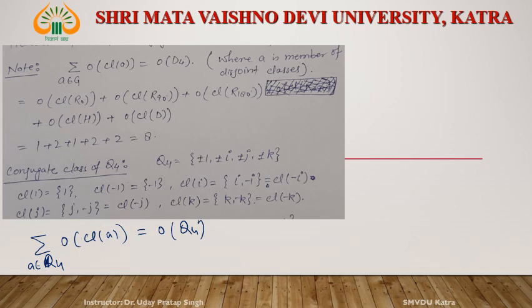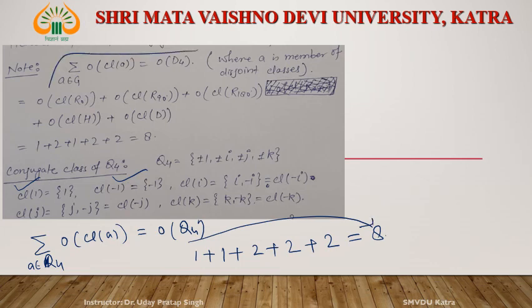What is the order of CL 1? 1. What is the order of CL minus 1? 1. What is the order of CL I? 2. CL J? 2. CL K? 2. The sum is equal to 8. And what is the order of Q4? That is 8. So this equation is verified.